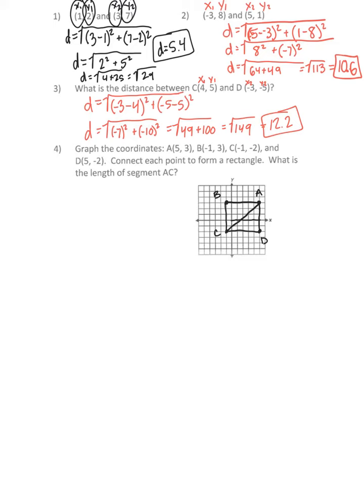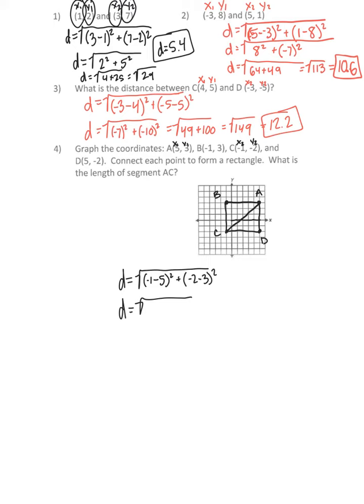So to do that, point A is my first point, x1, y1. Point C is my second point, x2, y2. I can use my distance formula to find the distance between those 2 points. So I'm going to take my x2, which is negative 1, minus my x1, which is 5, squared, plus y2 minus y1 squared.